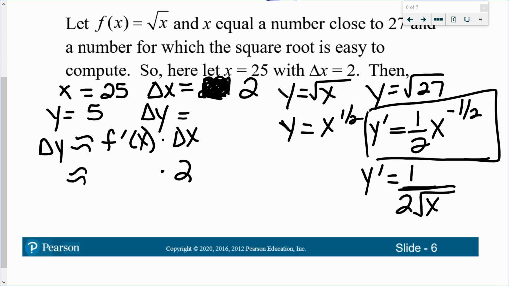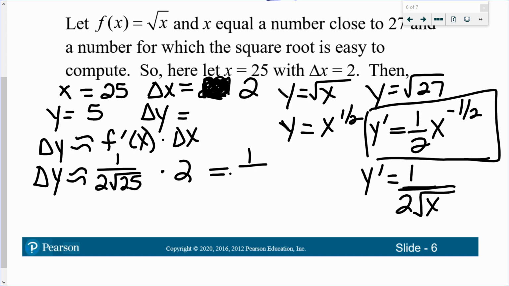Okay, so I'm going to use that function over here, but this time I want to plug 25 in. So I have 1 over 2 times the square root of 25. And that's going to give me my delta y. So we have 1 over 2 times the square root of 25, which is 5.